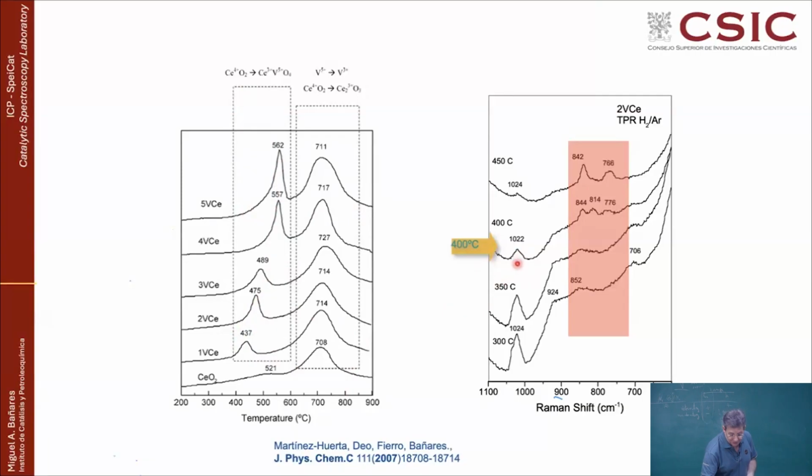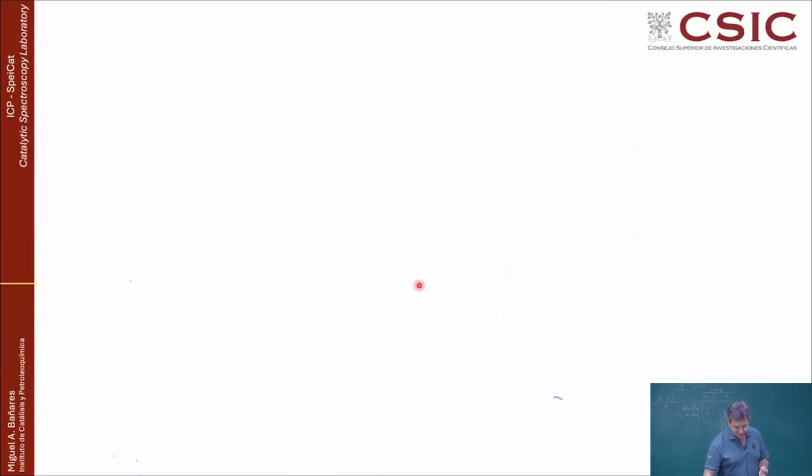Temperature programmed reduction with in situ Raman shows 400, 450, a clear evolution of this dispersed vanadium into the cerium vanadate. 450, so it's something over here. It's basically confirming that this hydrogen TPR profile of the supported vanadium is not the reduction of vanadium, but the reduction of the ceria support, which was also a very interesting revisiting of this tendency.